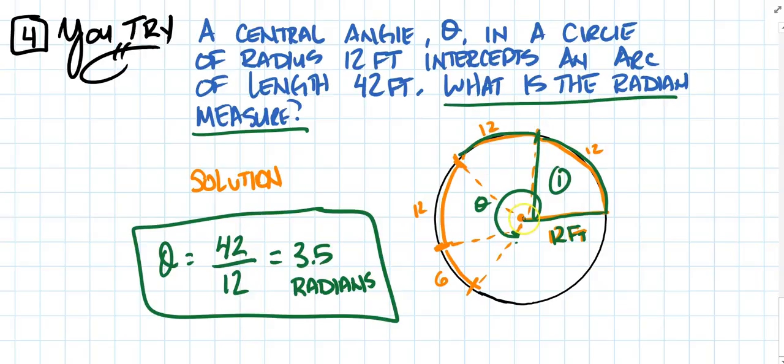If I go another 12 feet, there's another radian there. If I go another 12 feet, there's another radian there. And so far I've gone 36 feet around the edge of the circle. If I go another 6 feet more, I'll cover 0.5 of a radian more, and I will have the collective 42. So if I add this up, 1, 2, 3, 3.5, that's what the radian measure means. That's where the 3.5 comes from. Hopefully that makes sense to you.